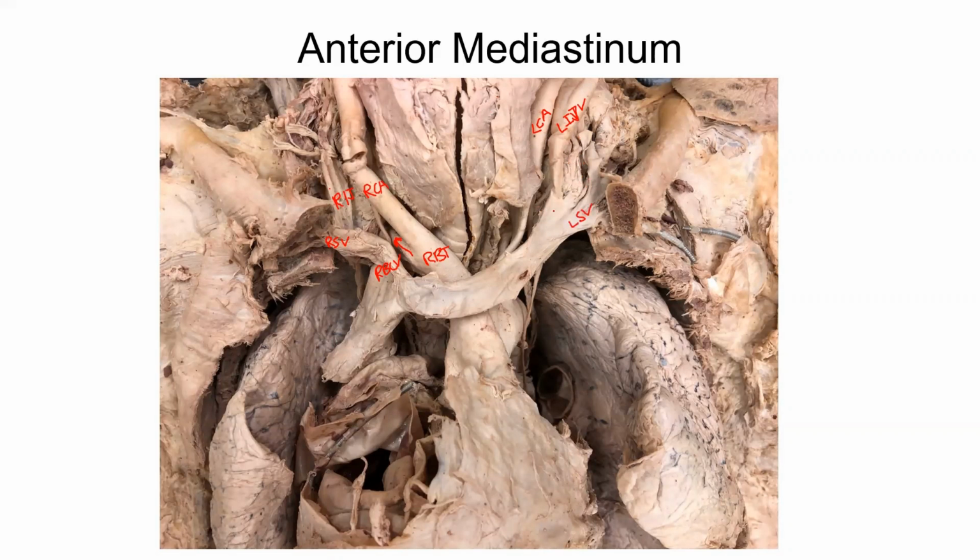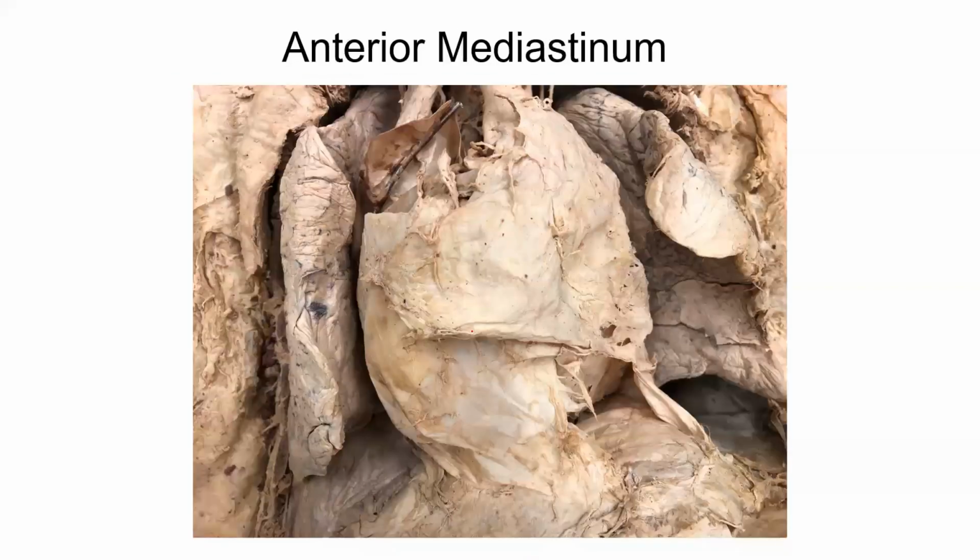Now, the left internal jugular vein and left subclavian vein converge together to form the left brachiocephalic vein. The trunk is only on the arterial side, okay? And then the left brachiocephalic vein and right brachiocephalic vein converge to form the superior vena cava, and that dumps into the right side of the heart.